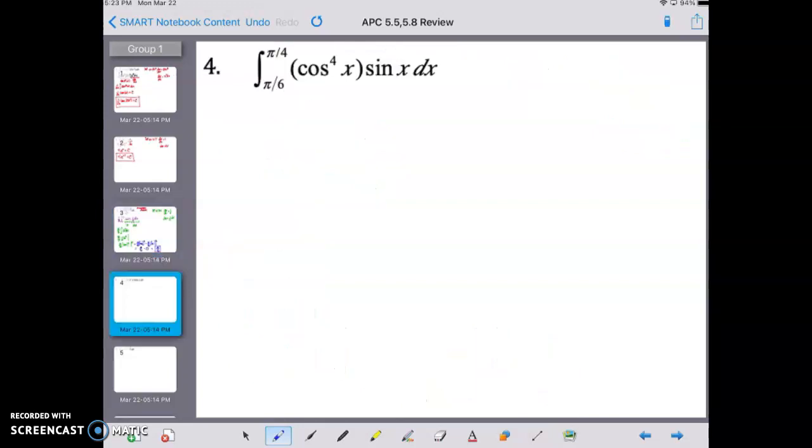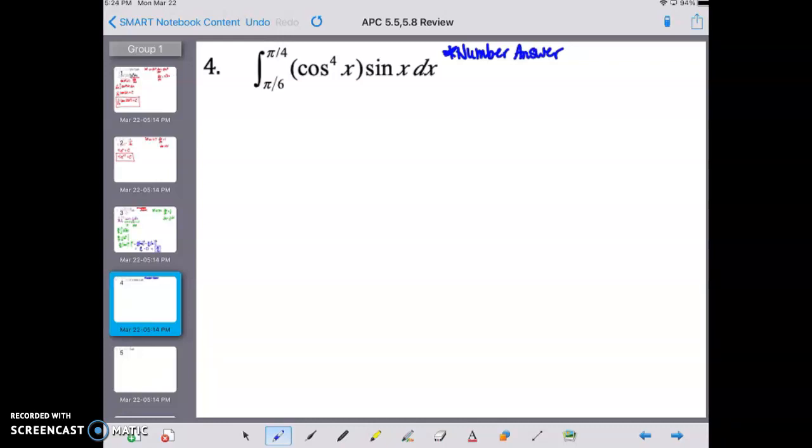And then problem number 4, we have cosine to the 4th power of x times sine of x dx. And again, a definite integral here. We have limits of integration on our integration symbol. So when we are done, we should have a number answer, because we will have to plug in those limits of integration.